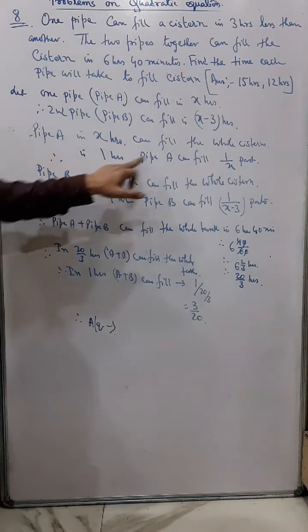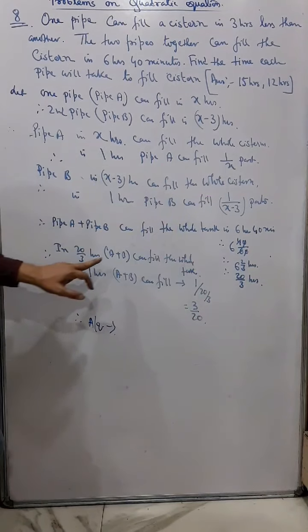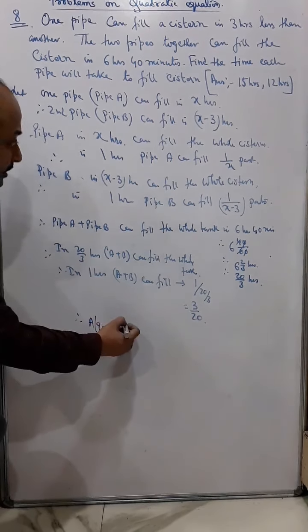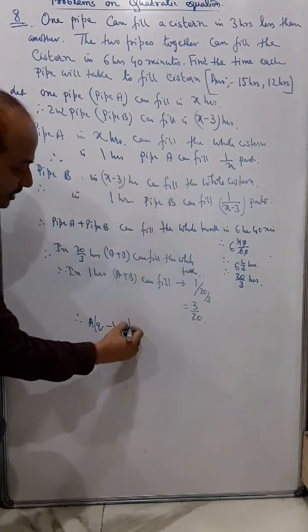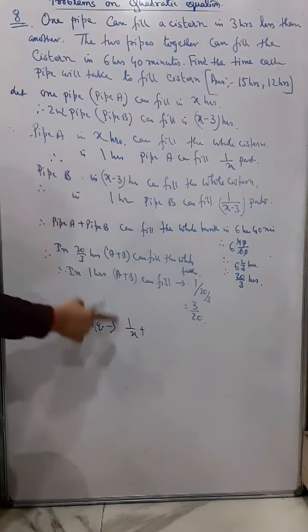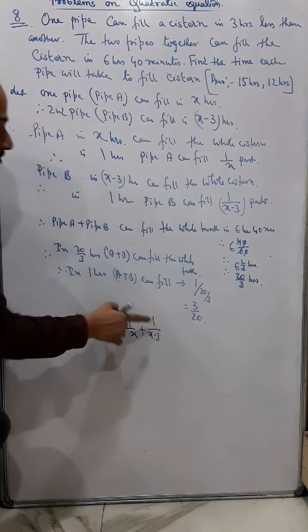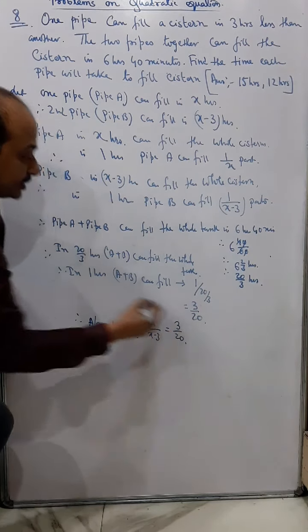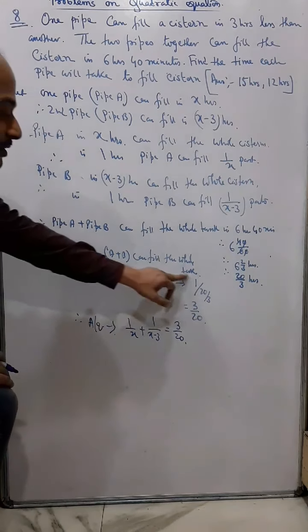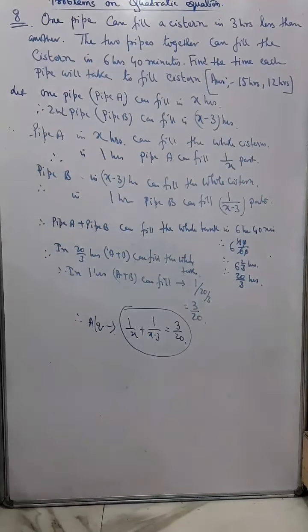So I can say simply that 1 by x, that's pipe A's 1 hour work, plus 1 by x minus 3, that is pipe B's 1 hour work, is equal to 3 by 20, that is pipe A plus B's 1 hour work I got from there. Understand? So this will be the equation. From here you form the quadratic equation and you can get it.